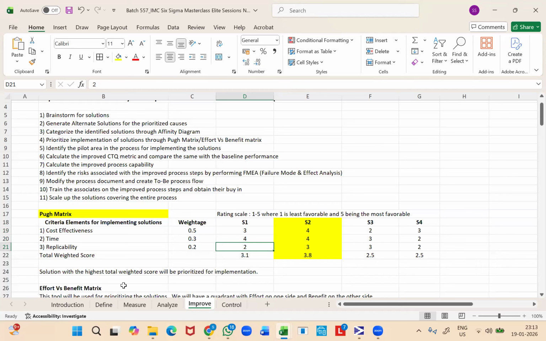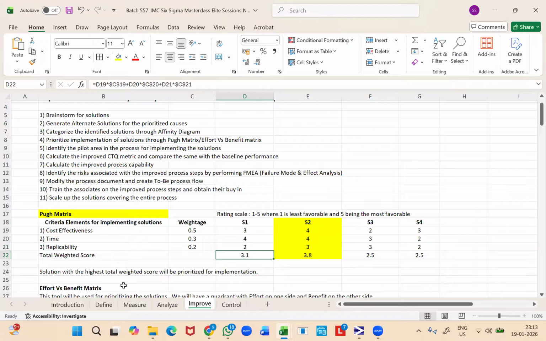It cannot be replicated in a similar process, right? So that's the meaning. So on the scale of 1 to 5, I will provide a rating for all these solutions against each of these criteria elements. So once the rating scores are provided for the multiple solutions that I would have identified for a priority cause, I will calculate what is called the total weighted score.